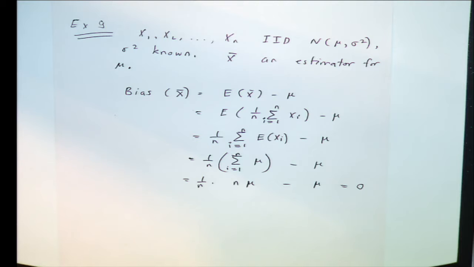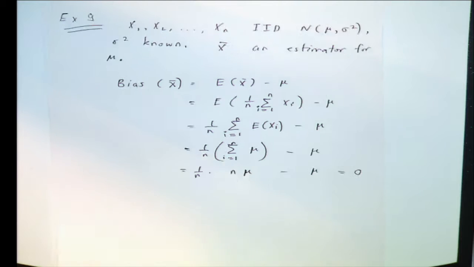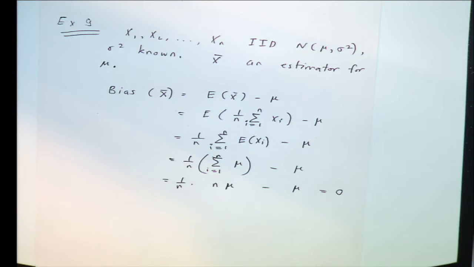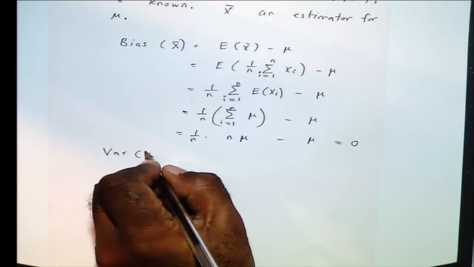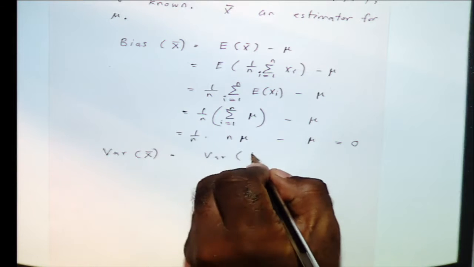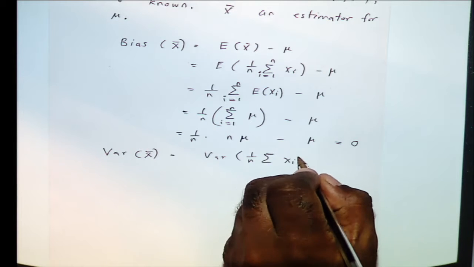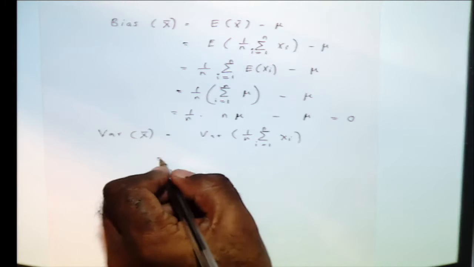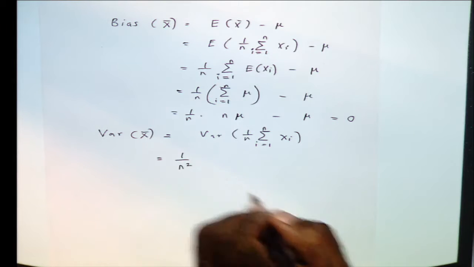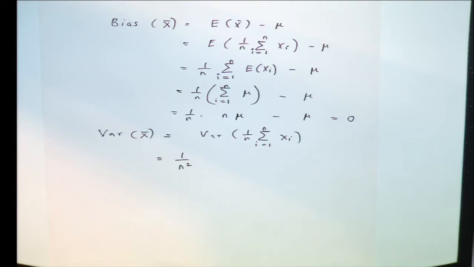Yes? So the next thing we need to find is the MSE. I just proved a minute ago that if the estimator is unbiased, then the MSE is the same as the variance. So what you need to find is the variance of x bar. The variance of x bar is the variance of this. Now when you pull a constant outside the variance, you need to square it.